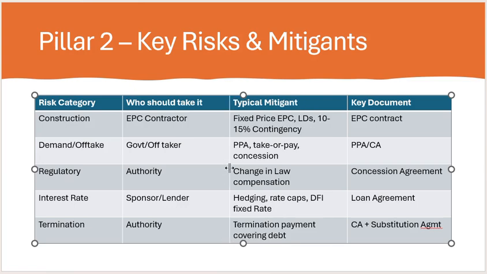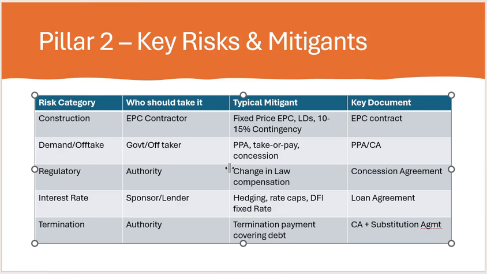So let's move on to the interest rate risk, where the sponsor and lender are responsible. They need to use hedging, rate caps, and development financial institutions' fixed rates. These are the different things used to eliminate the interest rate risk.